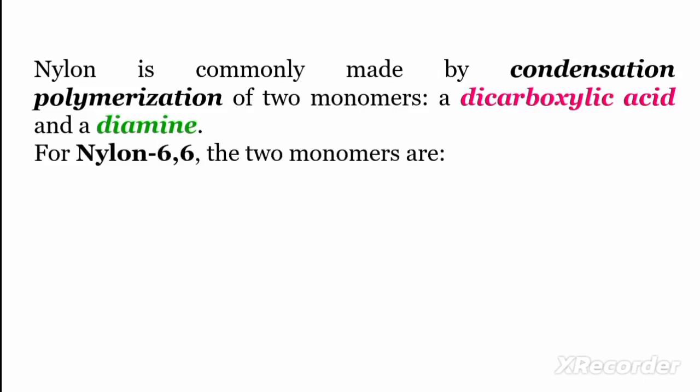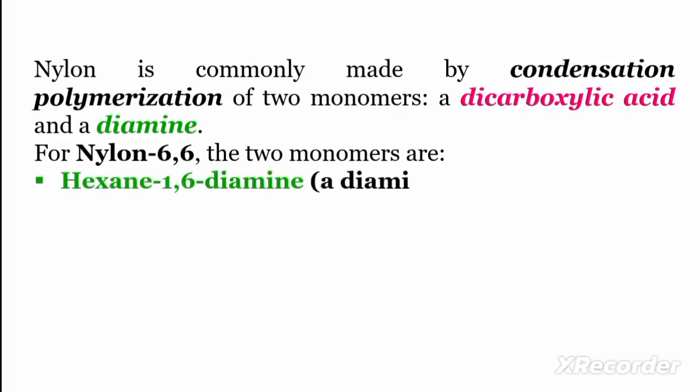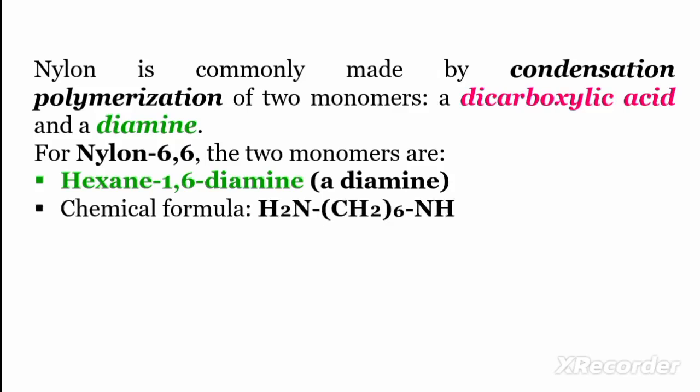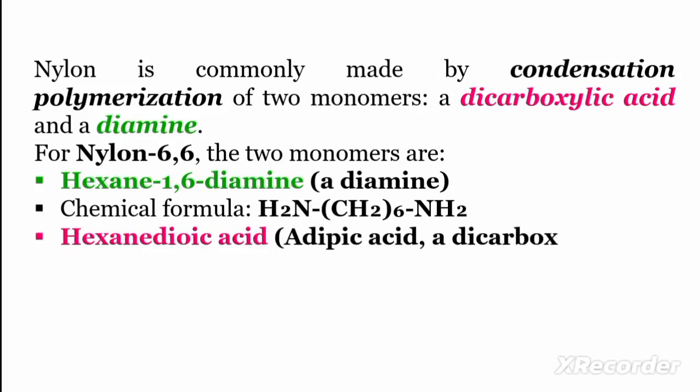So for nylon 6,6, the two monomers are hexane-1,6-diamine, and the chemical formula is H2N(CH2)6NH2. We are also going to look at hexanedioic acid, or adipic acid, a dicarboxylic acid.